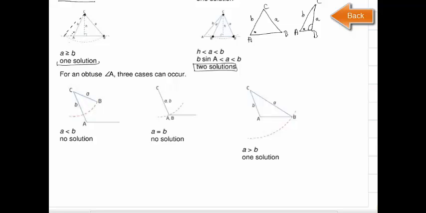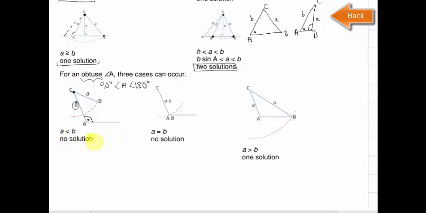Now for an obtuse angle A, and remember obtuse means between 90 and 180, there are three cases that can occur. Here's my obtuse angle A, here's my given B, I know what A is, and here's my side A. If A is shorter than B, then remember there's a hinge. If I swing it from left to right, it never ever touches the base of what could be the triangle.